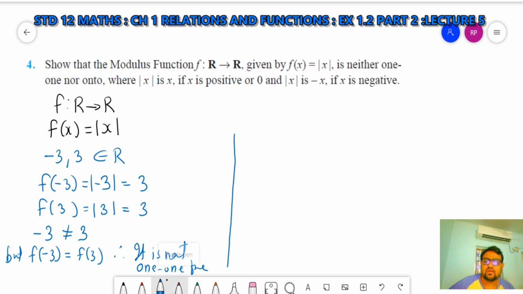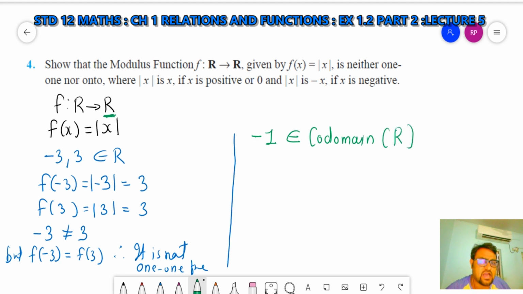Clear? Now let's see for onto. You have to prove it is not onto, right? Now see, when you take the modulus, your answer will always be positive. If you take 0, your answer will be 0. Apart from 0, you take any value, either negative or positive, its modulus value will always be positive. But here the codomain is R. That means minus 1 belongs to the codomain.